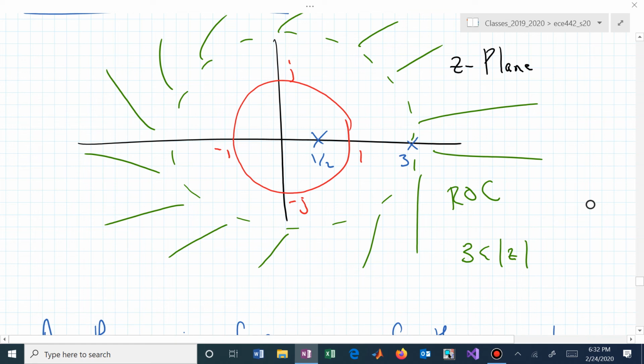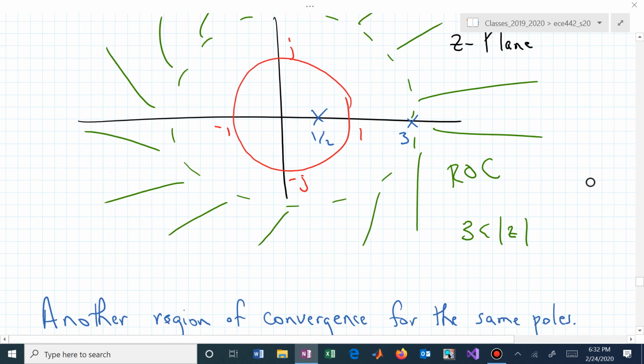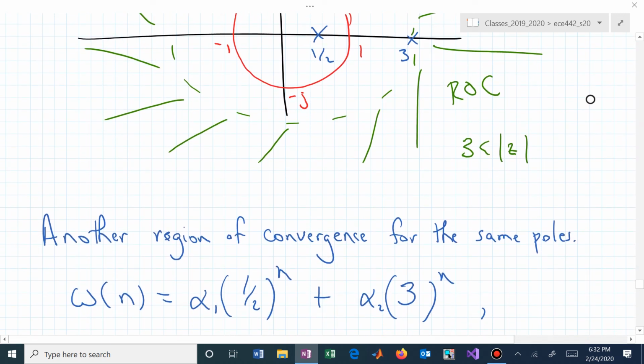What is the structure? If I just scroll down, or if you already have it printed out, you know, right? It's this: alpha 1 times 1/2 to the n, it's the mode at 1/2 and the mode at 3. We know that's our structure.